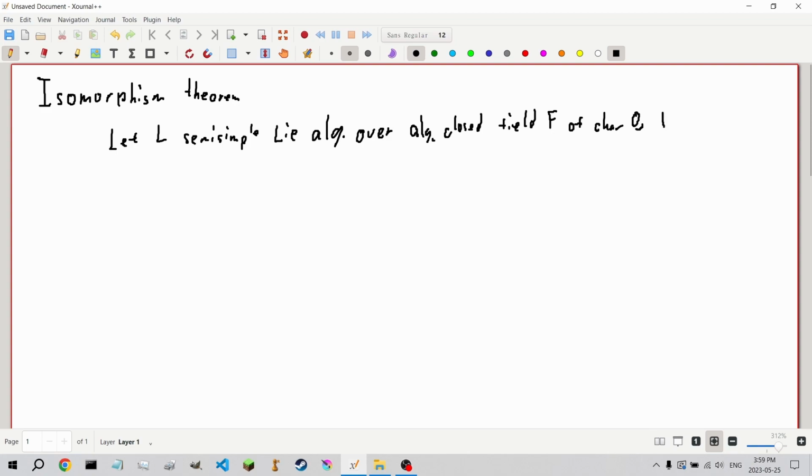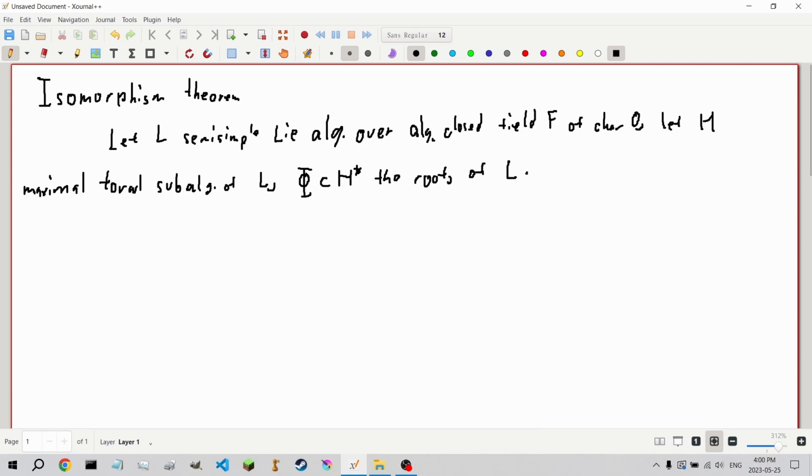We're going to let H be a maximal toral subalgebra of L, and Phi in H star be the roots of L relative to H.